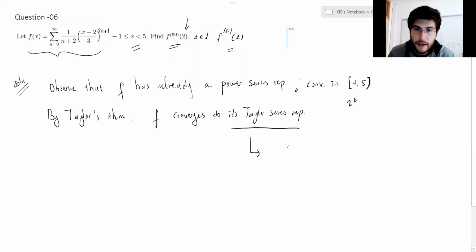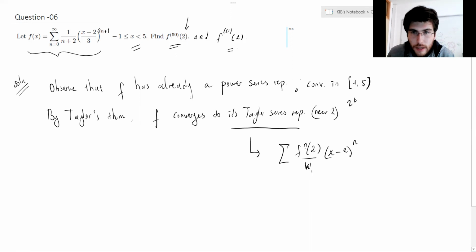So what is this? Remember, this is a series generated by f near 2, because we are interested in the values here: the Taylor series expansion near 2, f to the n at 2 over n factorial times (x - 2) to the n. Or maybe I should use another letter.